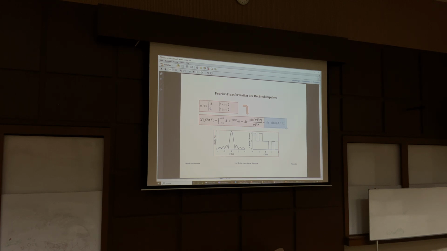A tau sinc of pi f tau. Tau here is the parameter of my signal, the duration of the signal. A is the amplitude of the signal, and f is now the continuous frequency.